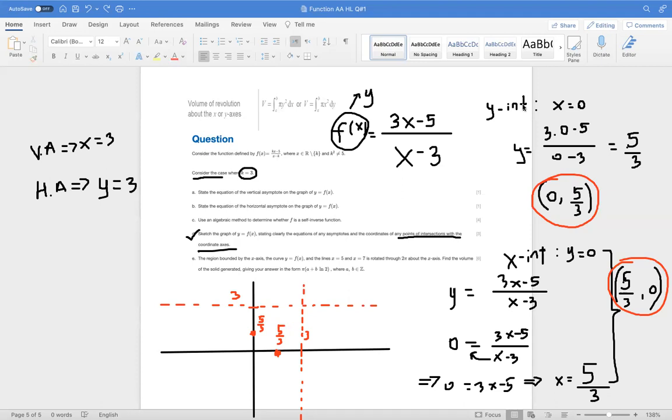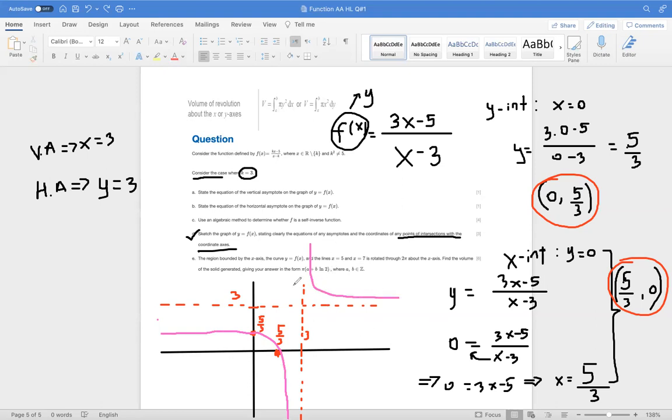So my line should pass through these 2 points. It will be something like this, or like this, without touching the vertical asymptote. Goes like this. And the other one will be symmetrical, like this.